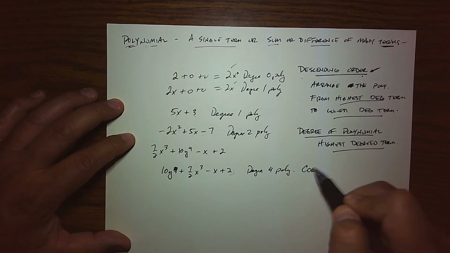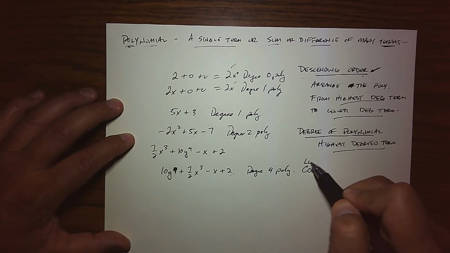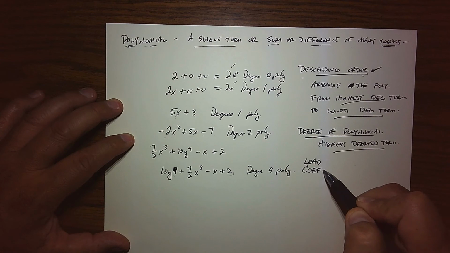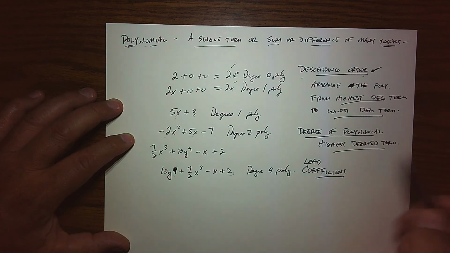Then we have what's famously known as the lead coefficient. Now remember from the last video, the coefficient is basically the number part. So the lead coefficient is basically the number part of the highest degree term.